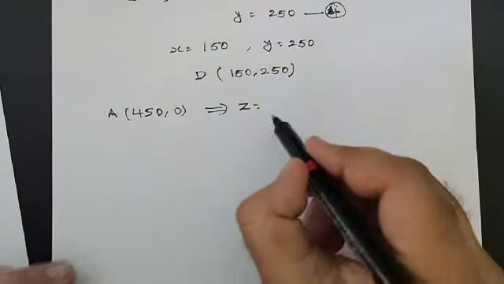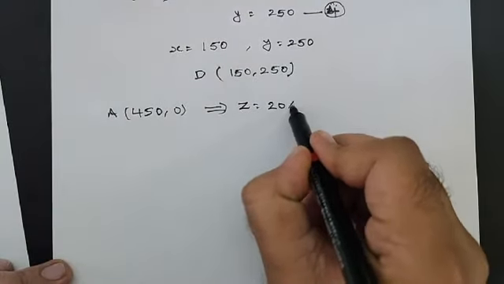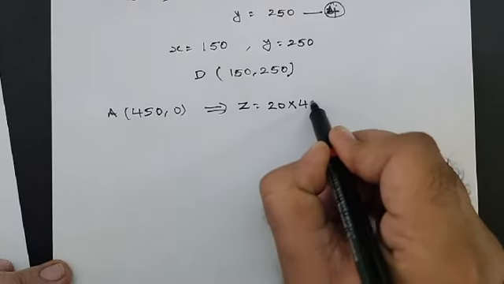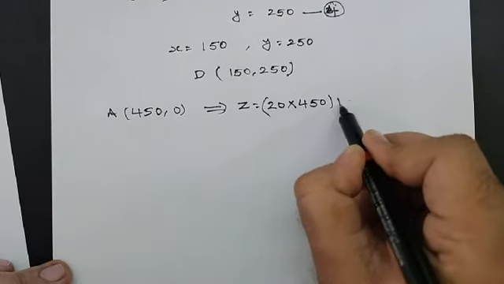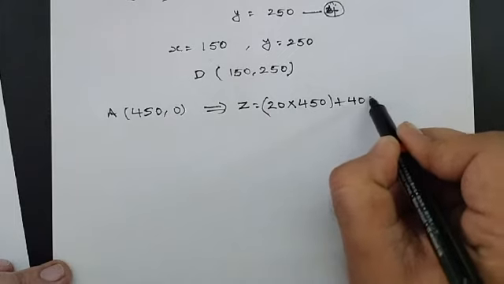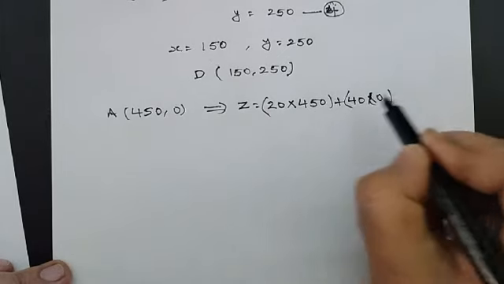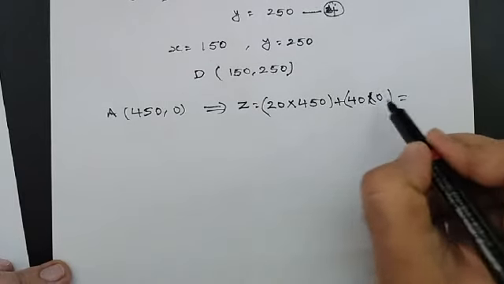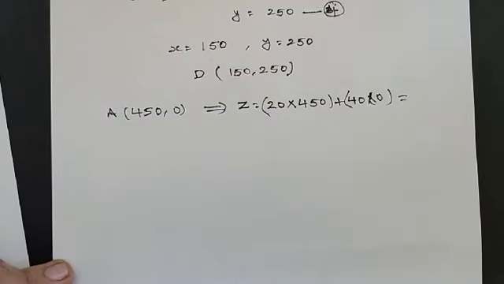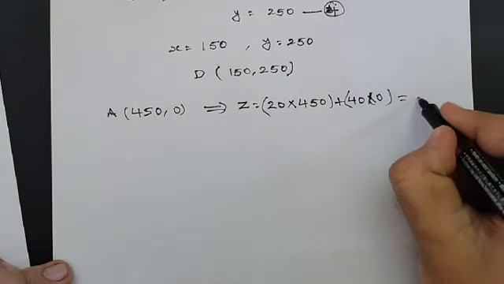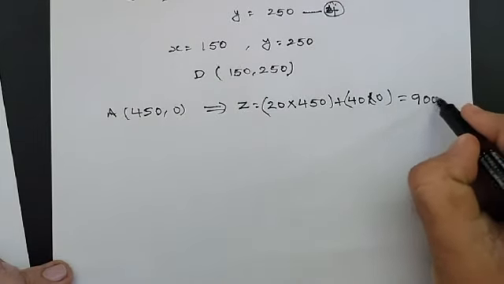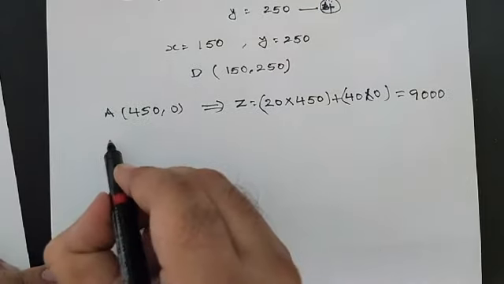So that means 20 into 450 plus 40 into 0, right? So what is the value of this? The second term will become 0. Then 20 into 450 equals 9000, right?